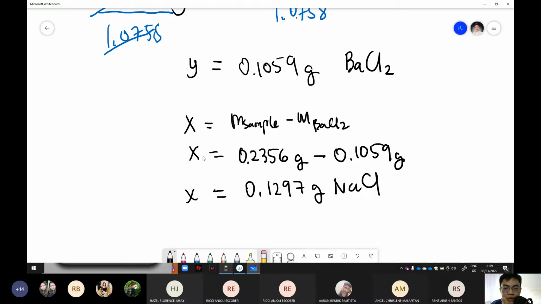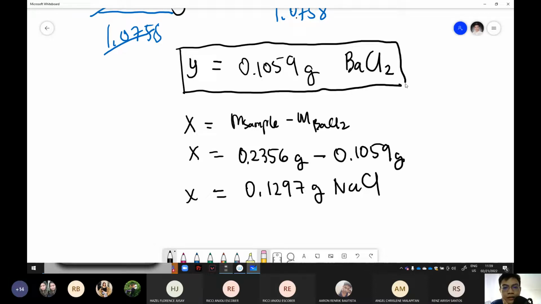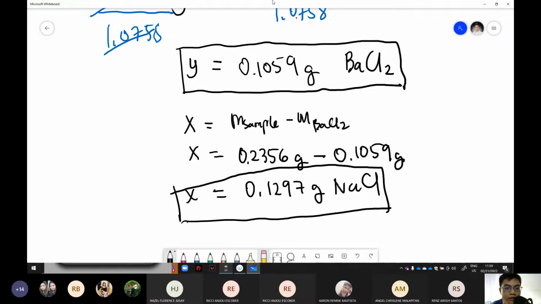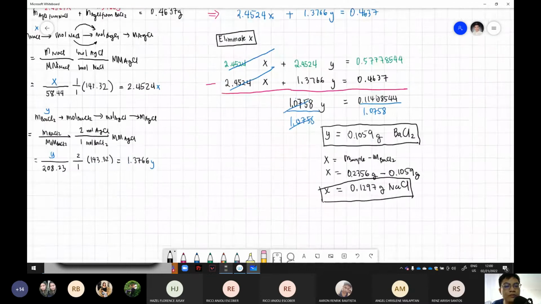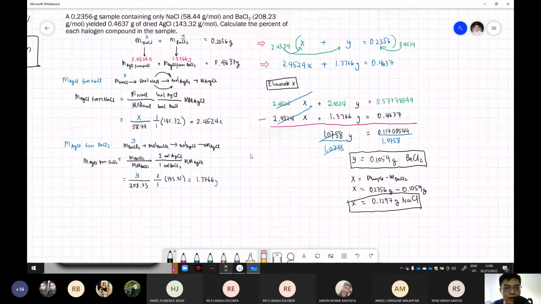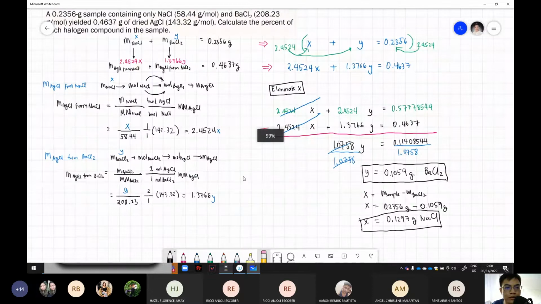Ayan, what seemed impossible earlier, madali lang pala. Okay? Possible pala. As long as you know how to write the proper equation and how to do correct stoichiometry. Huwag kayo ma-intimidate sa x and y. Okay? So, this is the answer.